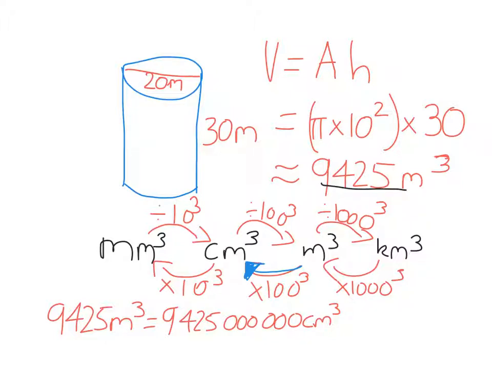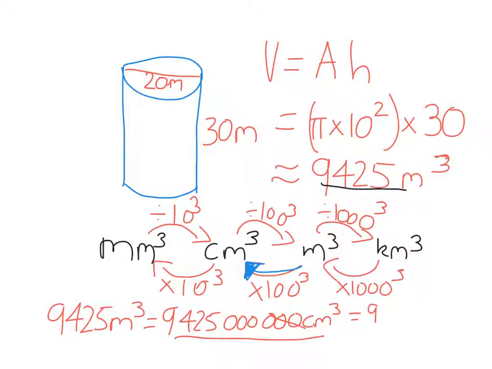So this answer here is 9,425,000,000 milliliters. So I can divide by 1,000 to get liters, because remember, 1 centimeter cubed is a milliliter, and then there are 1,000 milliliters in a liter.